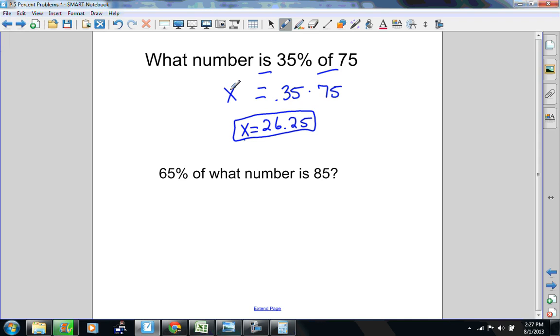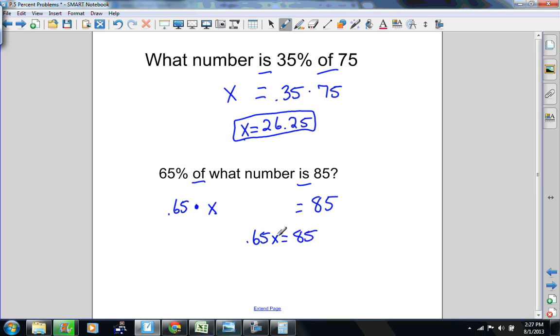But like this problem we have on the bottom, sometimes the x isn't always by itself. So we key the of and we key the is. This is multiply. This is equal to. So we get 0.65. Well, now our x is over here equals 85. Well, this time our x is not alone. So I'm going to rewrite this sentence so it's a little bit easier to read.